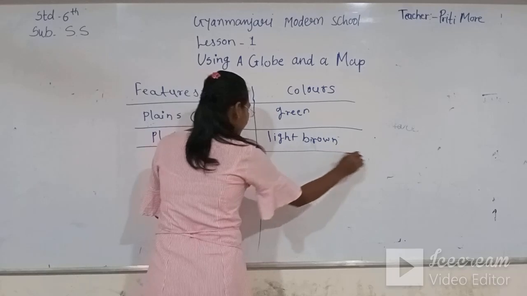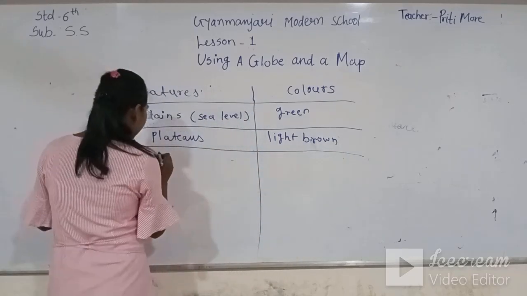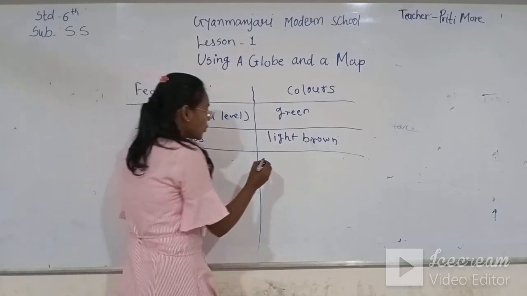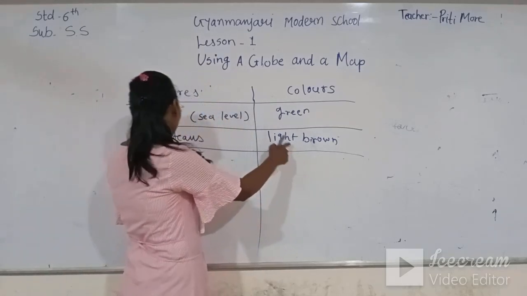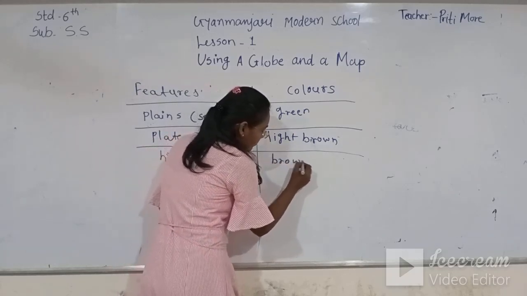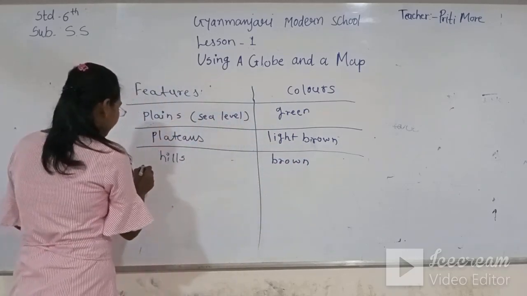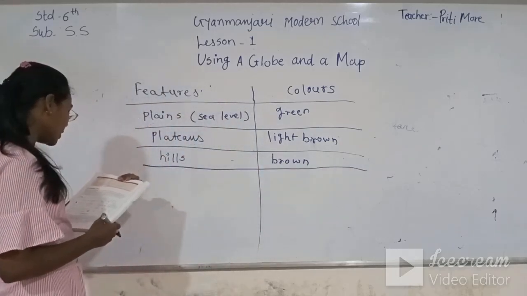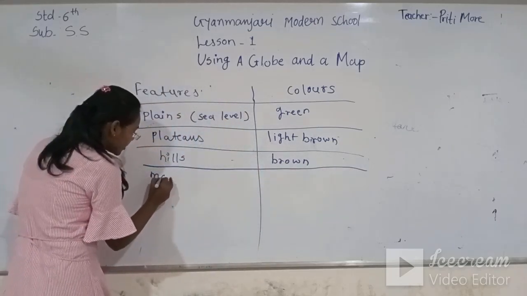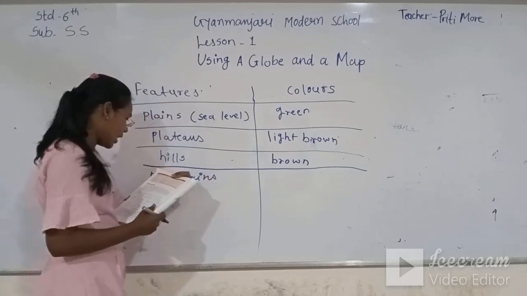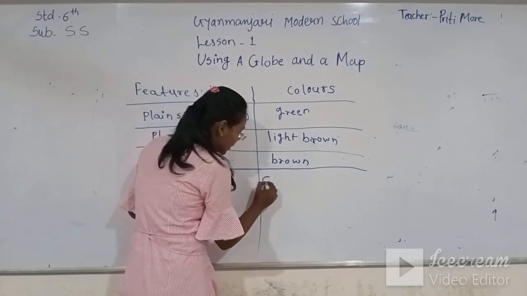Now the hills. For hills, which color is there? Brown color. Here light brown is for plateau, and for the hills brown color is there. That means the brown color is showing the hills on the map. Now for the mountains, dark brown color.